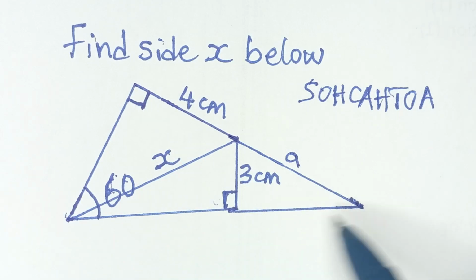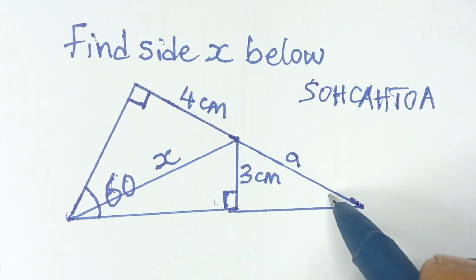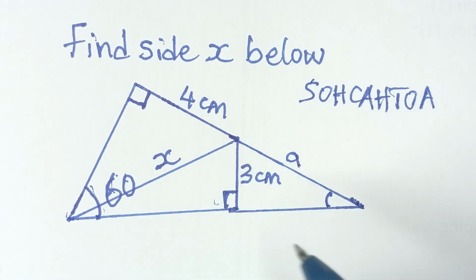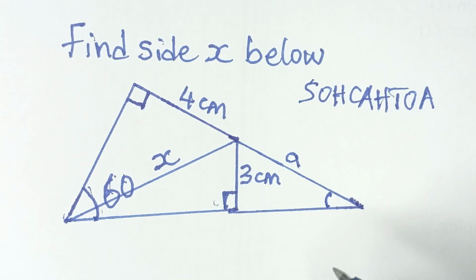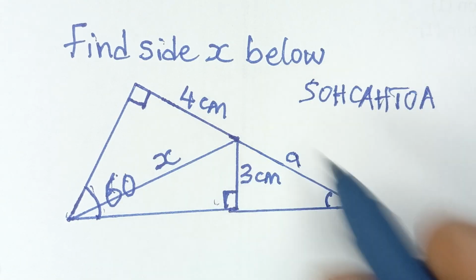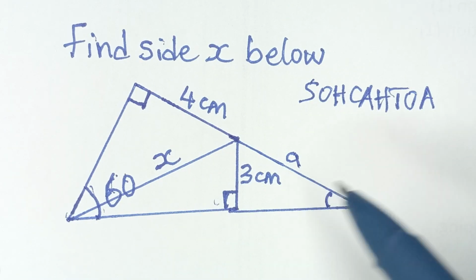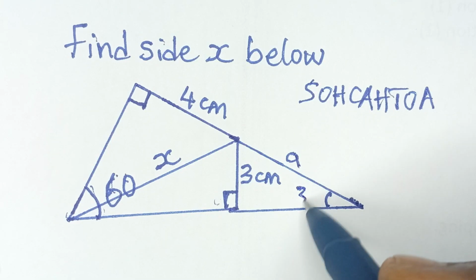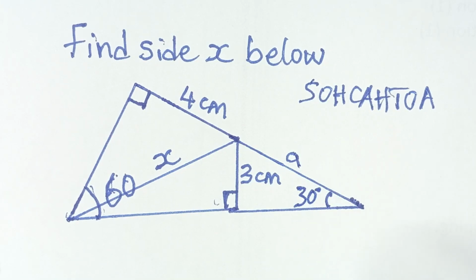In this full triangle, the sum of angles in a triangle is 180. So if this is 60 and this is 90, then this angle will be 90 minus 60, which is 30 degrees.